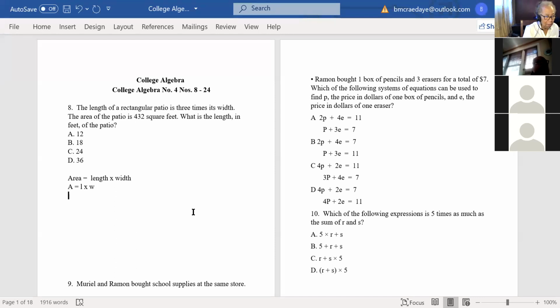Multiplication. That's right, multiplication. So L is length and W is width. So tell me how to write length is, and is means equal, 3 times the width. Tell me what to write. How do I write that?